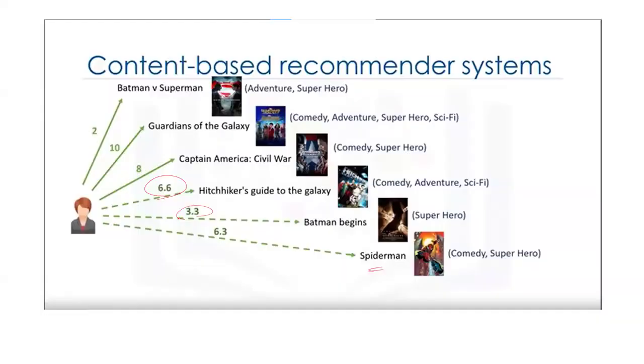This applies to any kind of scenario, whether products or items. You need to identify what kind of attributes you need to look at, and based on that, you can build this content-based recommender system and generate these kinds of recommendations.